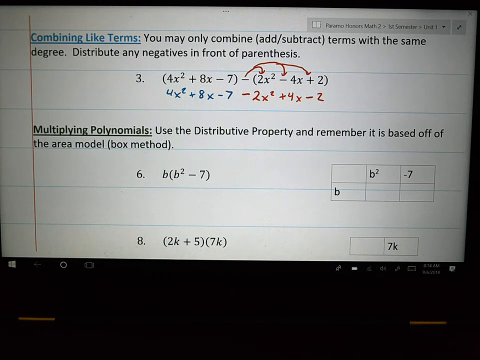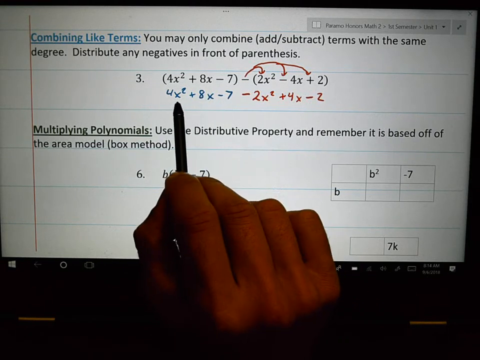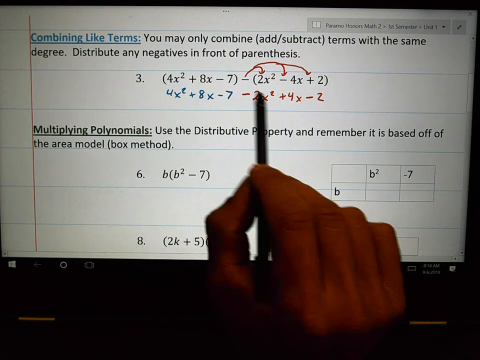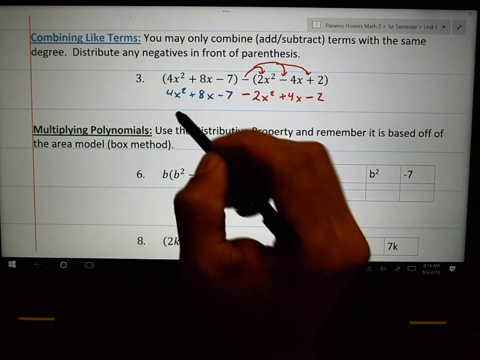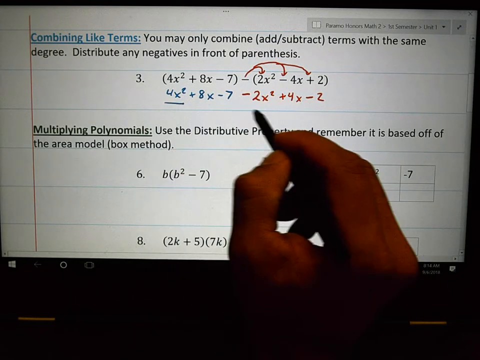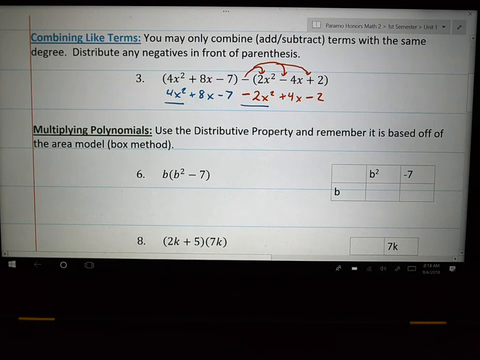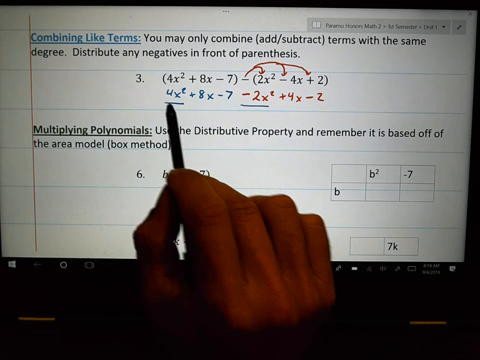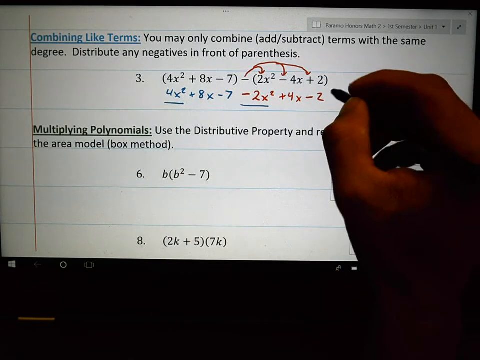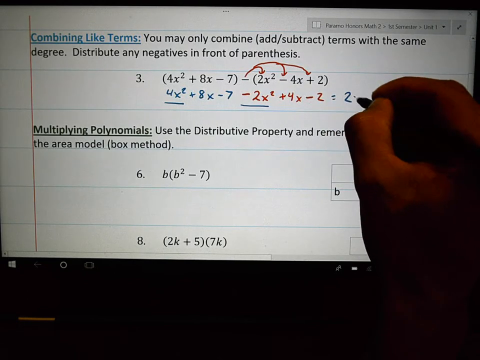When you're adding and subtracting, you can only combine like terms. X squareds can only go with other x squareds. When you're putting together 4x squared minus 2x squared, we are not multiplying them. We're saying how many do we have? And so, what is 4x squared minus 2x squared? 2x squared.